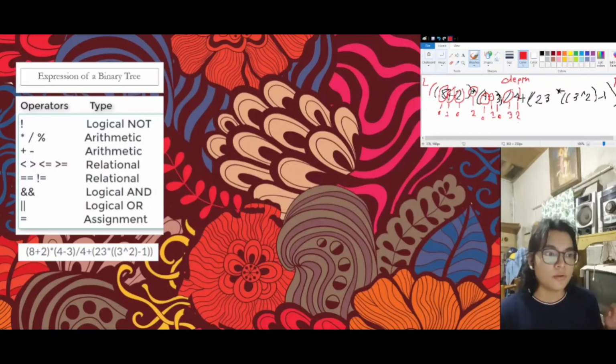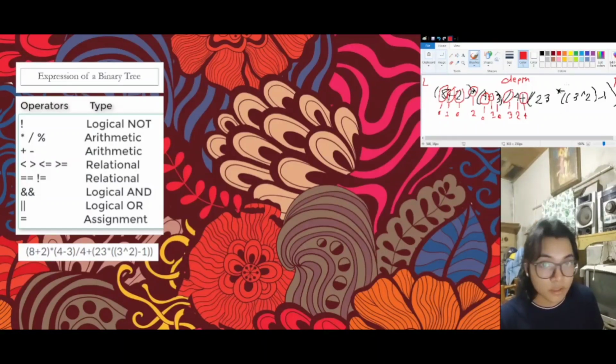Now we're going to proceed to solving this one. The plus here is after 3, so this is going to be a depth level of 4, and since this is in a parenthesis, we're going to deduct it by 1.